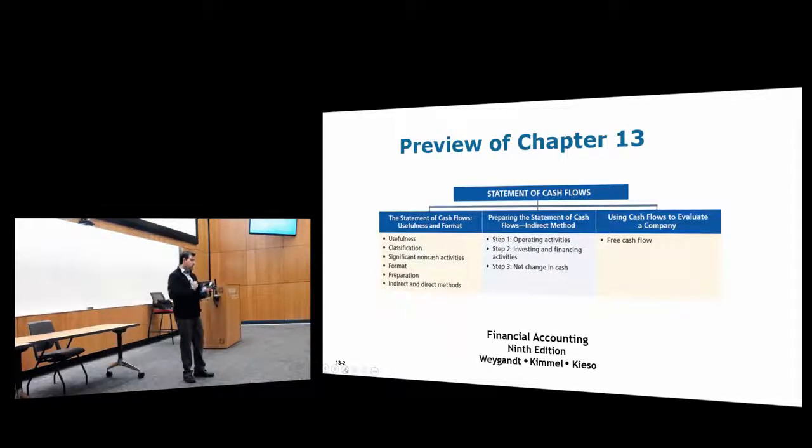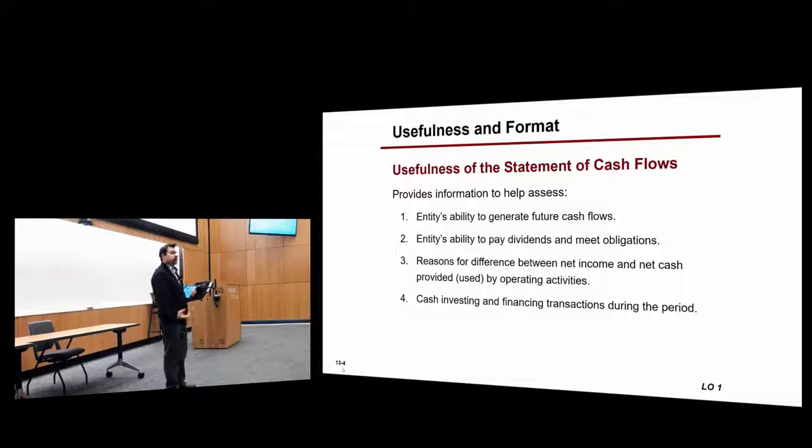Okay. So again, we've been talking about the usefulness of the statement of cash flows, because why do people care about net income? Because it tells us what you can expect from the company in the next year. This is the money that is generated from the company's operation.